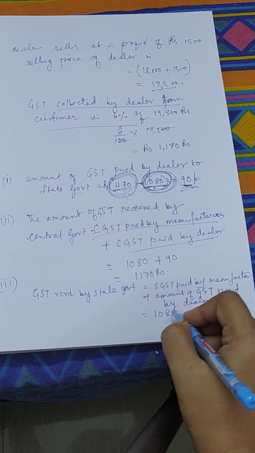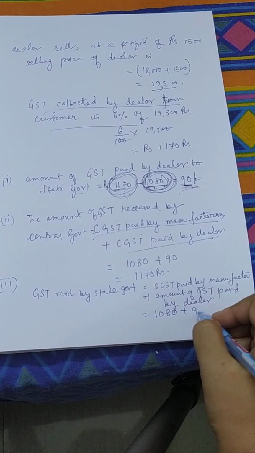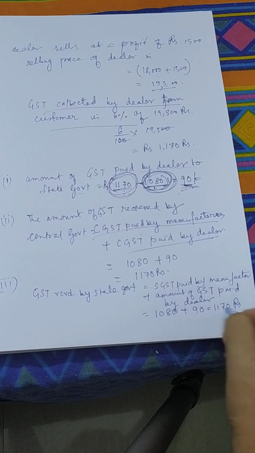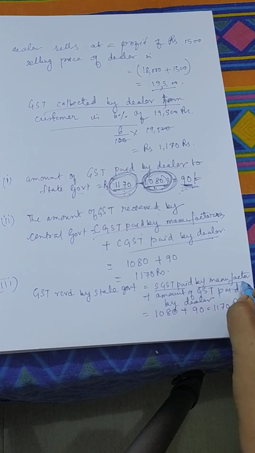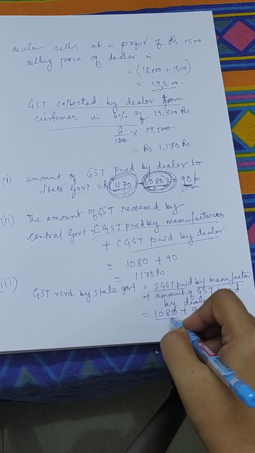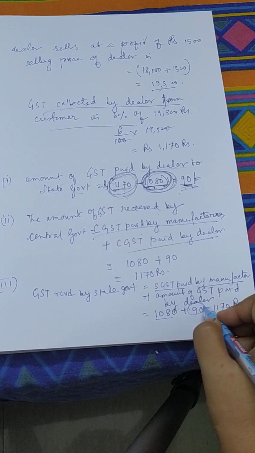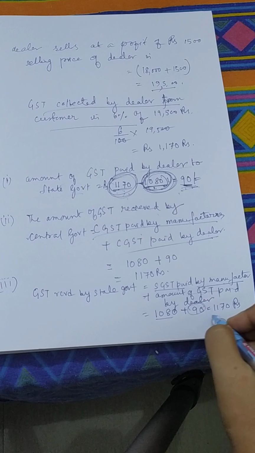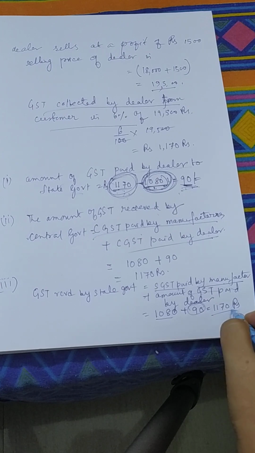This is 1080 plus again 90, that is 1170 rupees. GST paid by the manufacturer, which amount? The amount that the dealer pays. The dealer pays 1080, because 6% of rupees 18,000 is 1080, and the amount of GST paid by the dealer at the end of the year is 90 rupees.